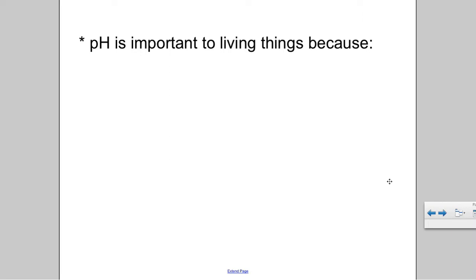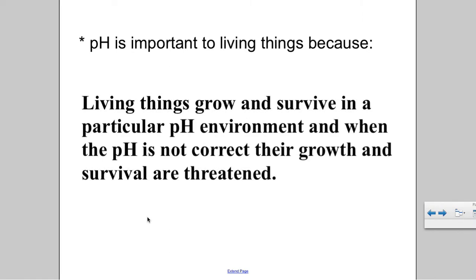They rely on their environment like we rely on our environment to be a certain way. Everything has a pH. If the pH is not correct, their growth and survival is threatened. So if they're relying on a specific pH and it's different than what they're accustomed to or what they need, then their survival and their growth is threatened.